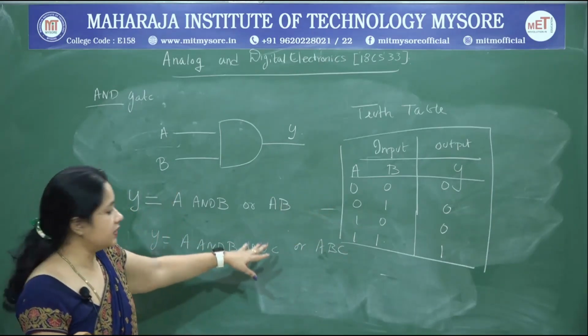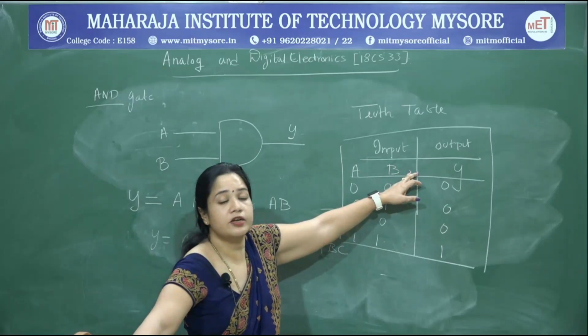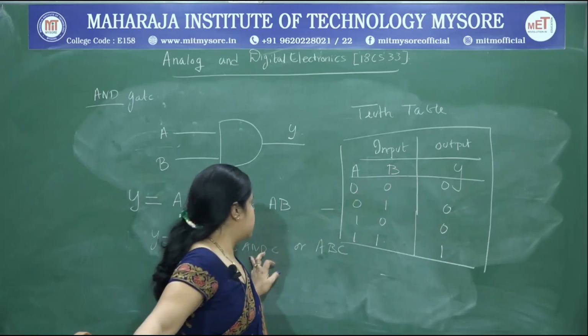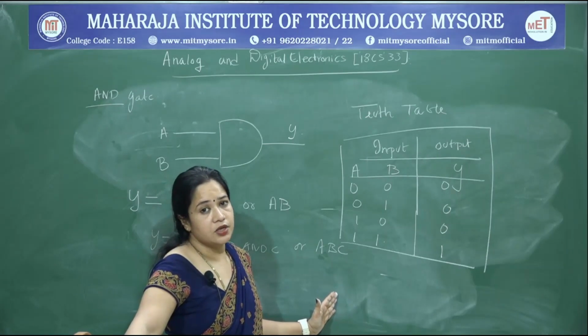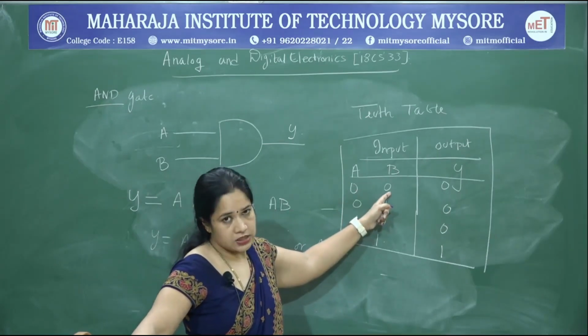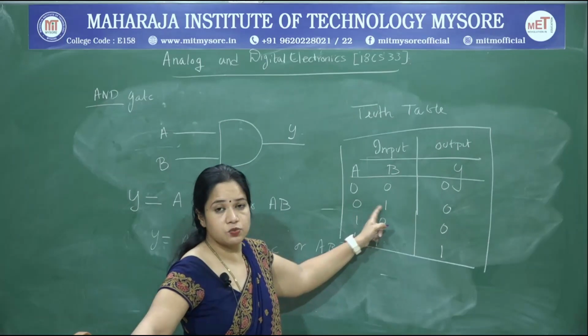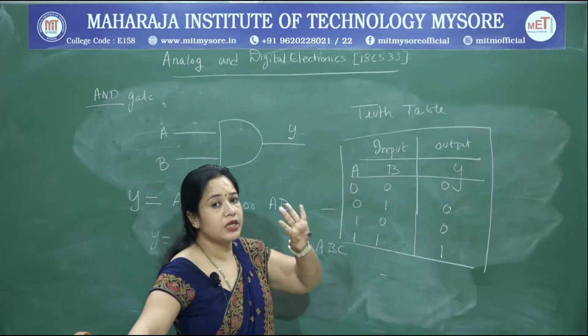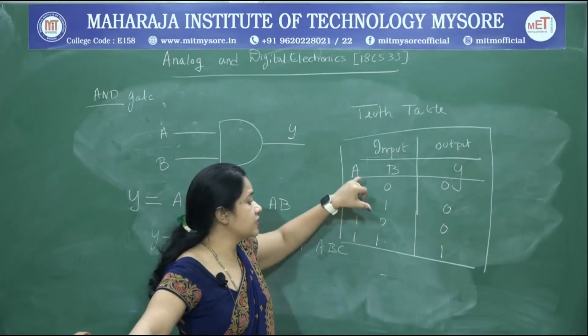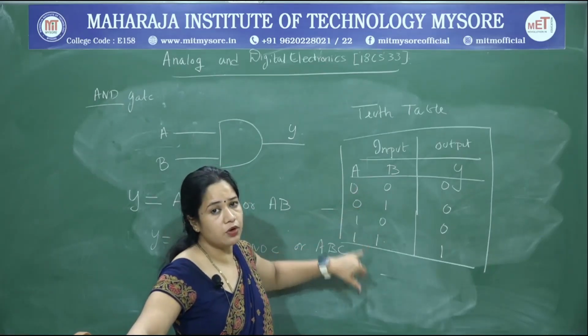Likewise, if you have a 3 input AND gate, I will have to write one more literal C for the third input, and we will have to write 8 possible combinations. So 0 0 represents 0, this represents 1, this represents 2 and this represents 3. So 2 power 2, there are 4 possible combinations, M0, M1, M2 and M3.